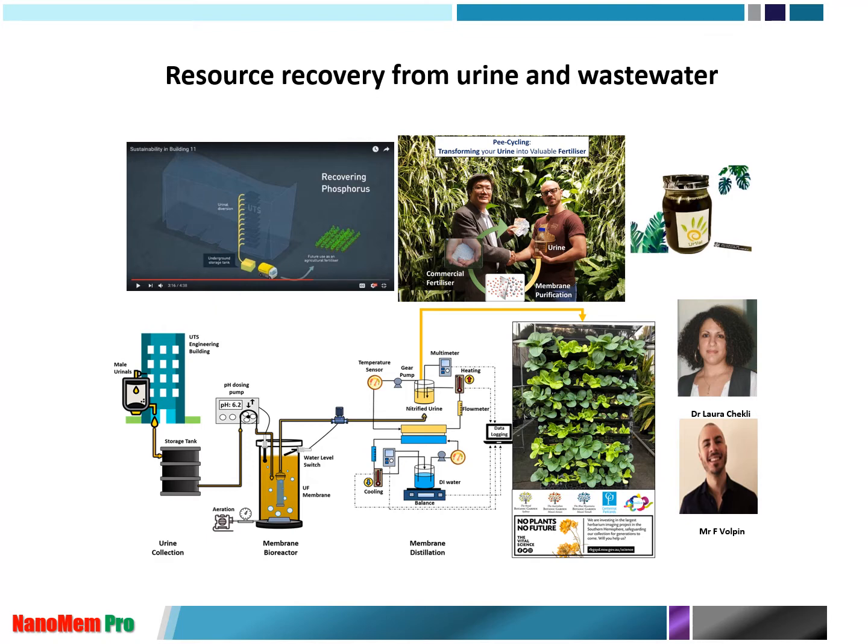And then we consume this food and discharge our nutrient to wastewater treatment plant. Also, you utilize a lot of energy to reduce the nitrogen phosphorus, so this is the linear economy system to produce your nutrient, grow your food, and then discharge your wastewater.